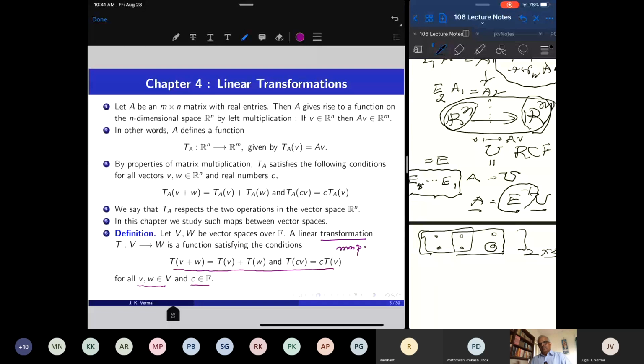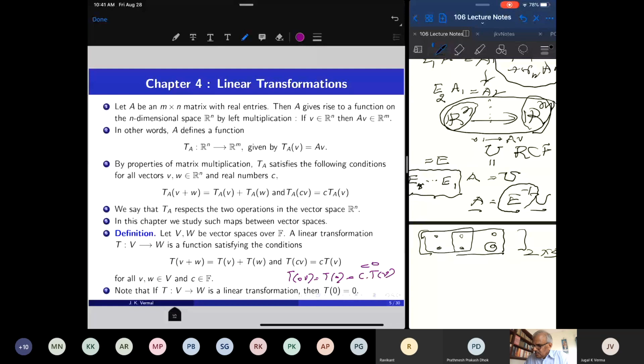So we want to compare vector spaces. In order to compare vector spaces, we have to connect them. And in linear algebra, the connection is provided by linear transformations. So a linear transformation from one vector space to another respects addition and scalar multiplication. And you can check that if I take c equal to 0, then T of 0 times v, 0 times a vector is the 0 vector, but that is equal to c times T(v).